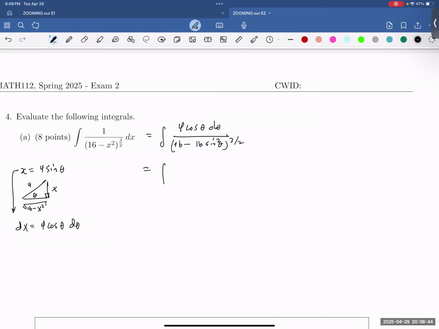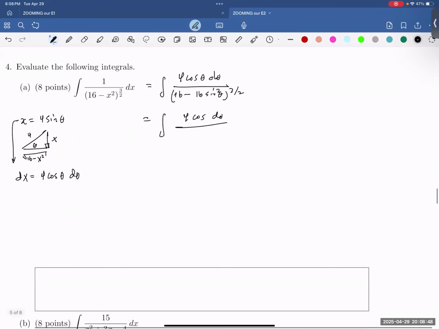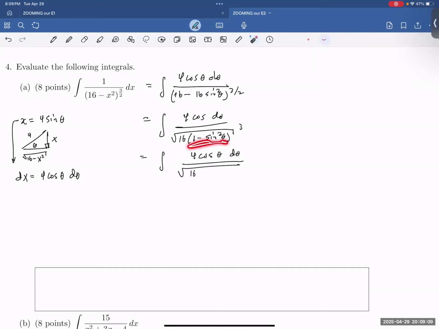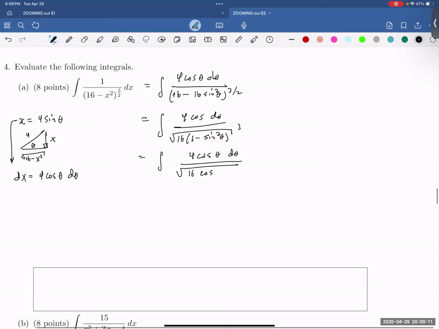Okay, so then keep the numerator and simplify the denominator. That's the root part of 16 times 1 minus sine squared theta, and then all of that cubed, for 4 cosine theta d theta. This 1 minus sine squared is cosine squared.